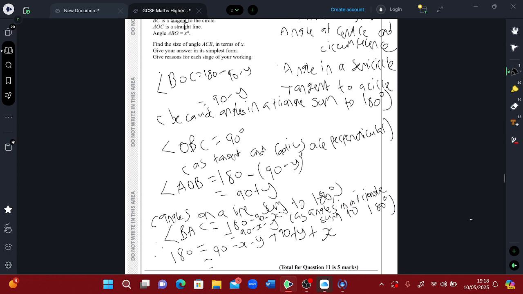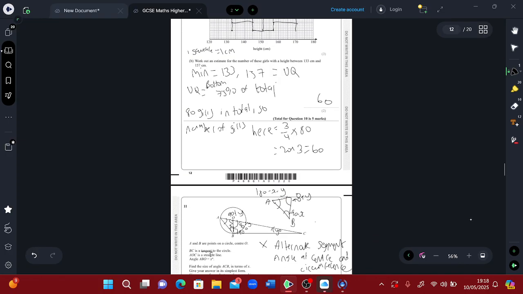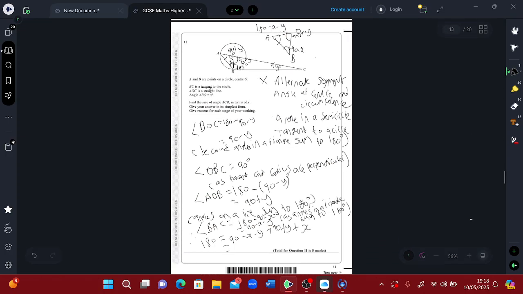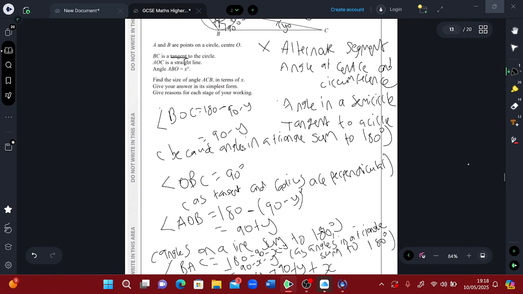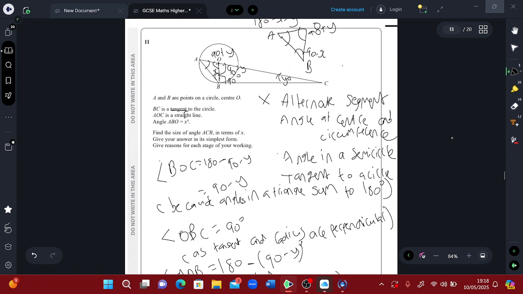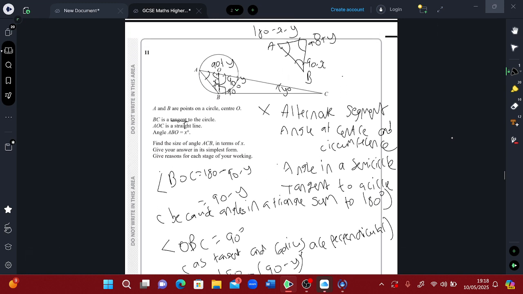Ah, these circle theorems. So that's 90, tangent and radius. That's 90 minus y, I believe, right? 180 minus 90 minus y. That all should be correct, I believe.